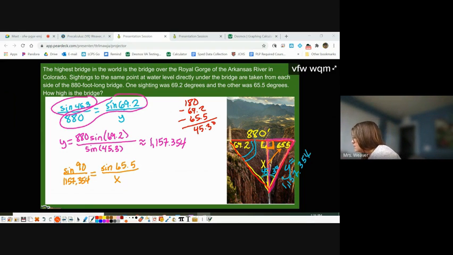But if you cross multiply and divide at this point, okay, so x equals 1157.354 times the sine of 65.5 divided by sine of 90.